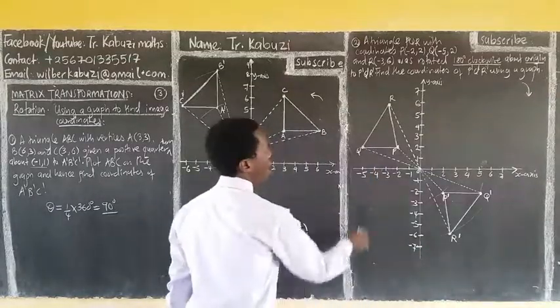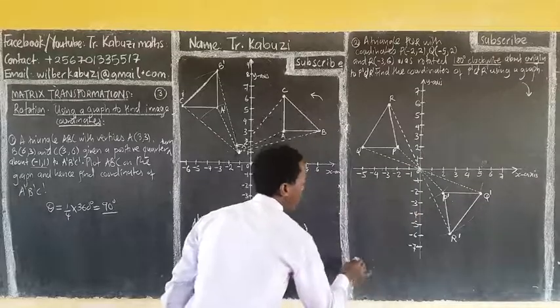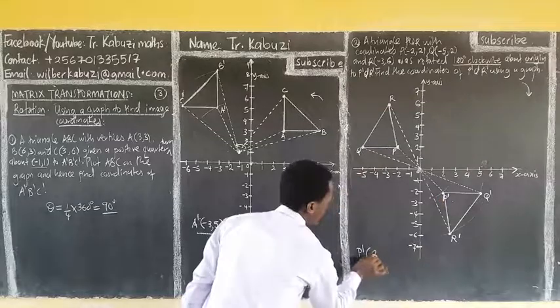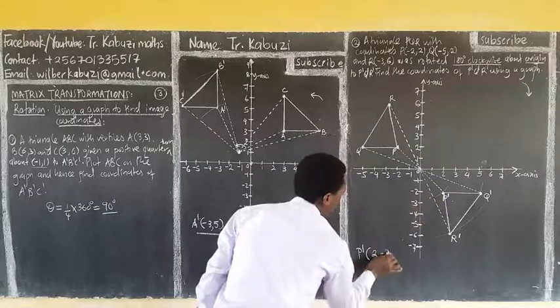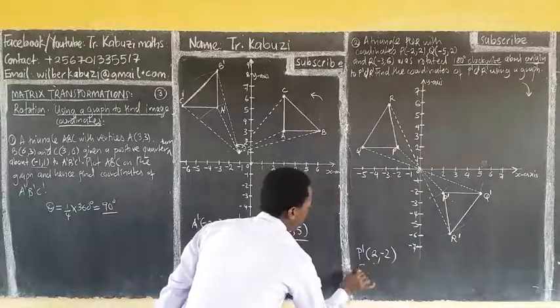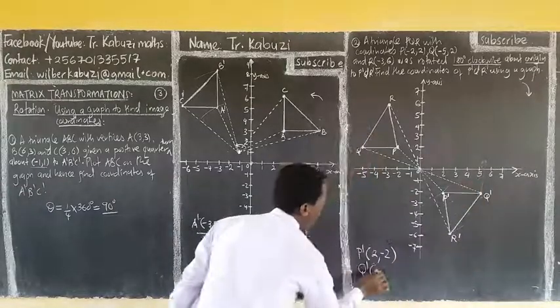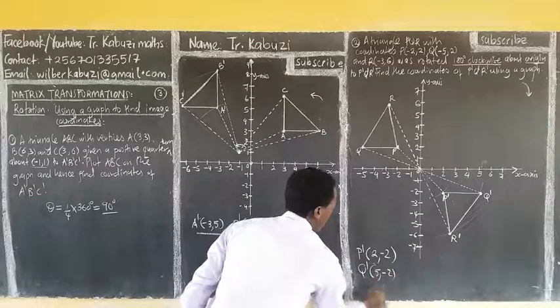Then I come and write my coordinates for P prime. We read x, so that x is 2, then y is negative 2. Then my Q prime, I read for x is 5, then the other is negative 2.